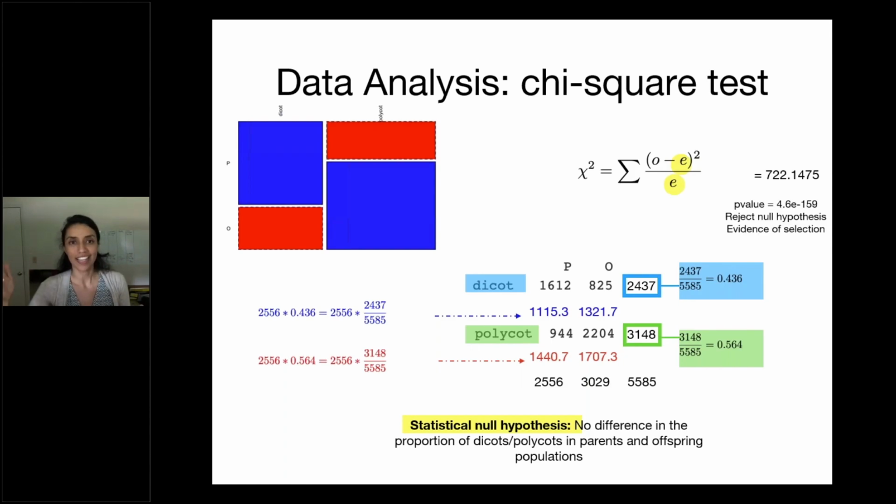If you remember your chi-square table, it has such a small p-value that you're really rejecting the null hypothesis that there is no difference between the proportions. And if you're rejecting this null hypothesis, back to our case, what we're really saying is we do see evidence of directional selection in this case.